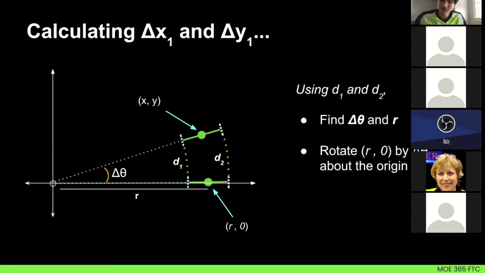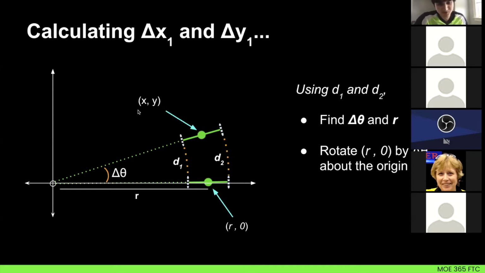But now the robot's moved very slightly, and it's moved to this new point here, represented by this second diagram shown up top. We want to figure out the change from the first green point to the next green point. We're going to call that delta x1 and delta y1. And that's effectively what we're trying to do here.